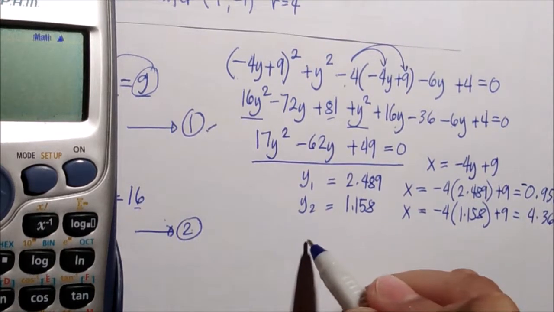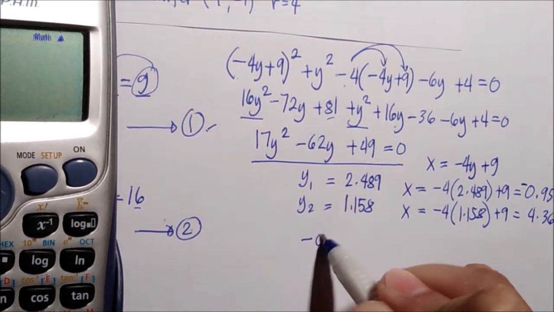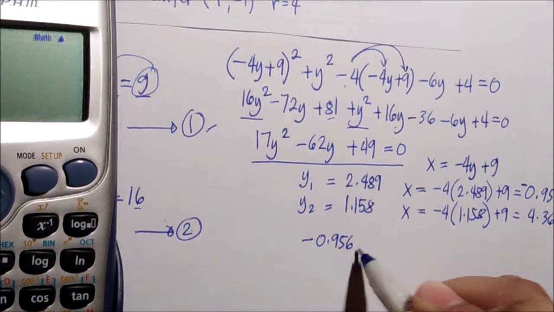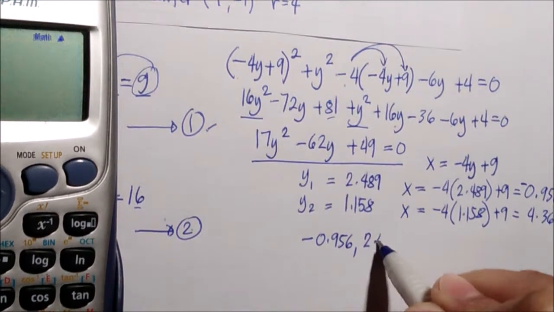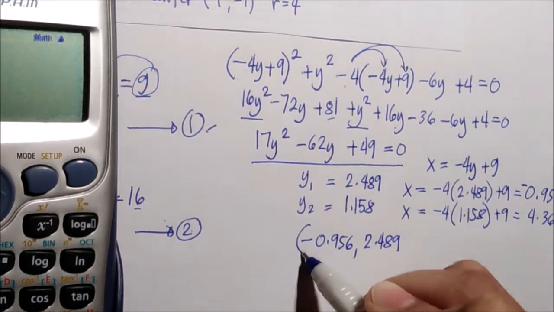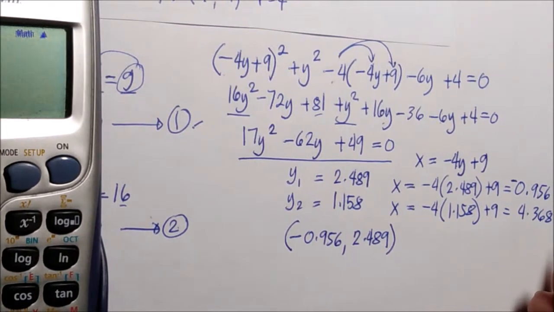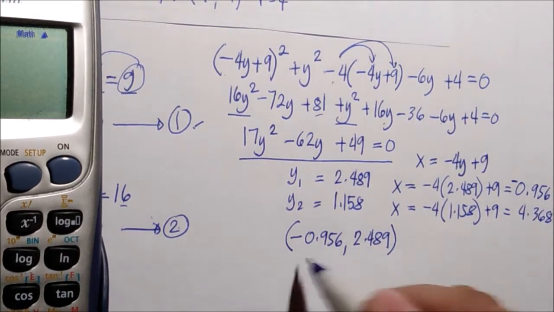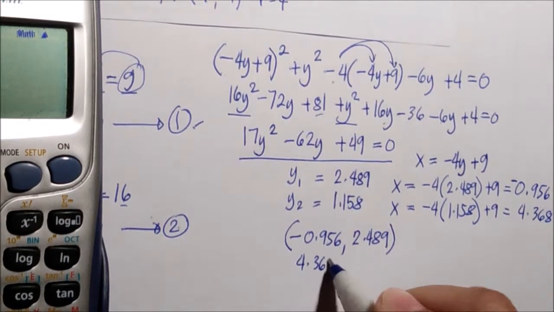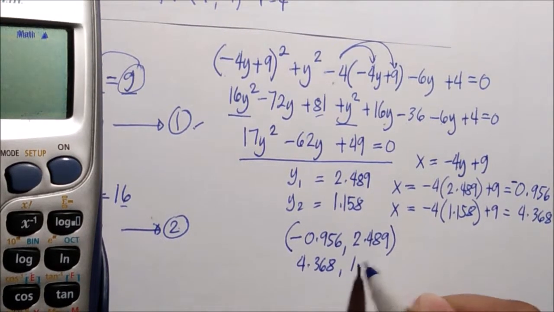Okay. Now the coordinate therefore is, your x is negative 0.956 and y is 2.489. This is the first intersection point. The second intersection point is 4.368 and 1.158.